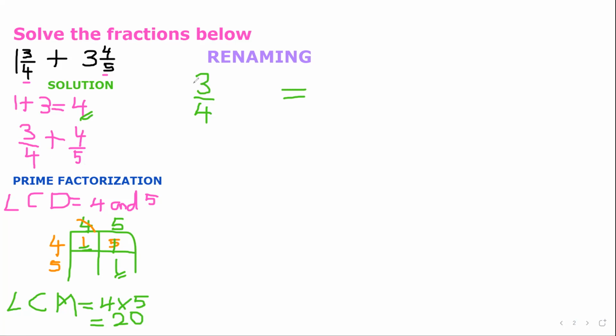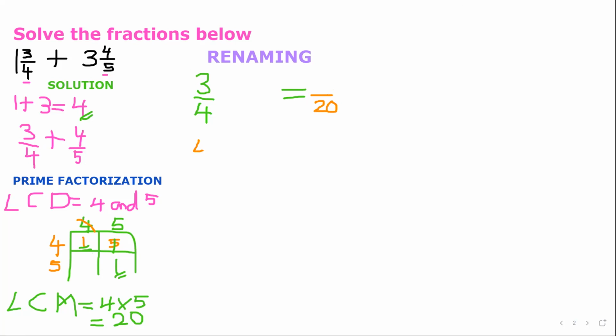The new denominator that we are changing to like fraction must be 20. Okay, good. The new denominator must be equal to the LCM or the LCD. Then you take another fraction that you're going to rename.